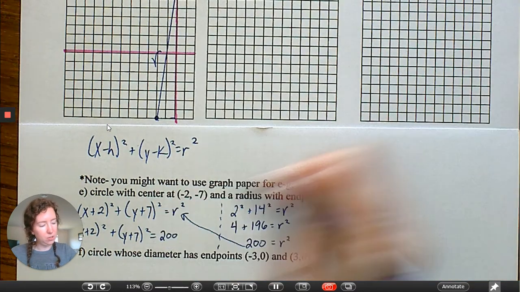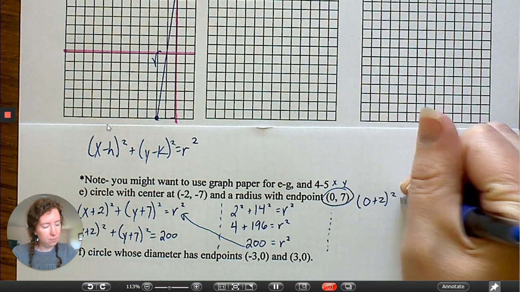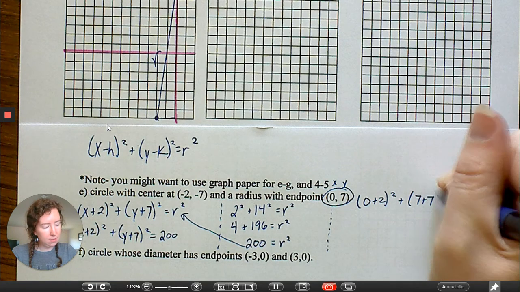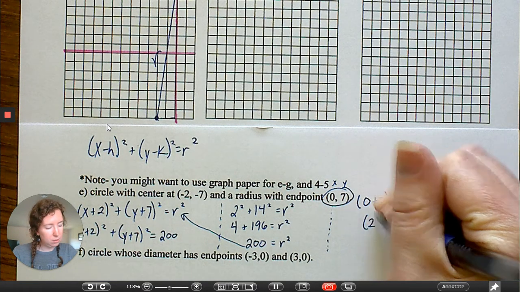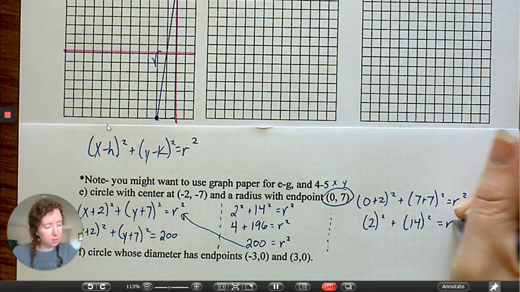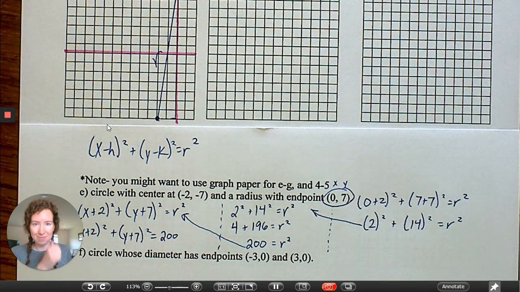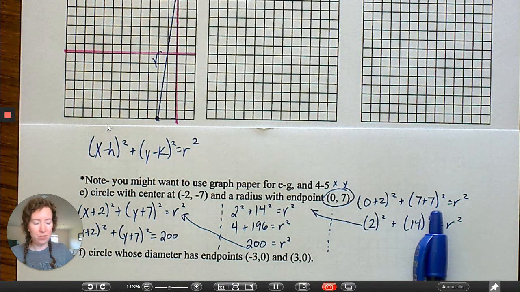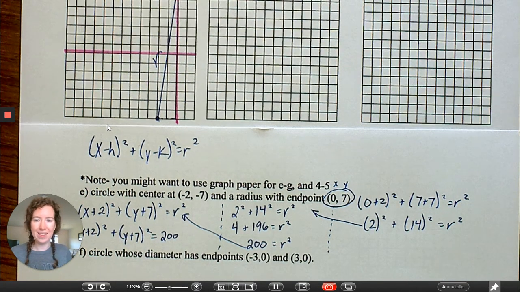If I'm going to use this equation here, I've got (0 + 2)² + (7 + 7)² = r squared. So this gives me 2 squared. This gives me 14 squared equals r squared. And now I'm back to that step right there. So this is just doing it by graphing. This is doing algebra. This is doing it by graphing. You do you.